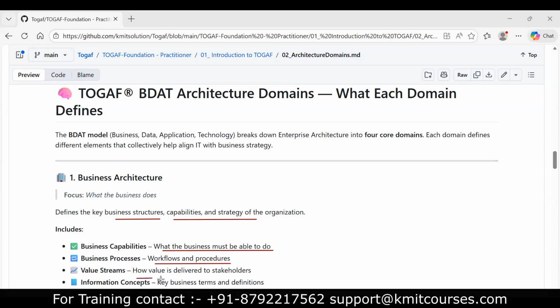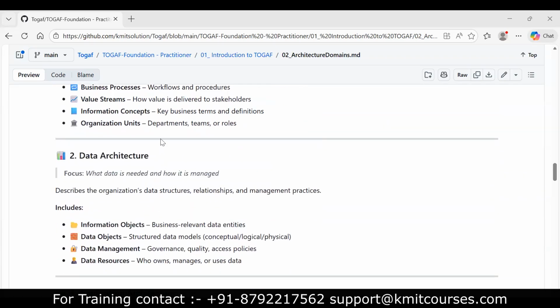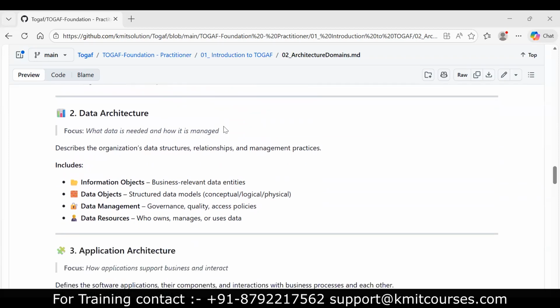Value stream is how the value is delivered to the stakeholders. Information concept is key business terms and definitions. Organization units are departments, teams, and roles.